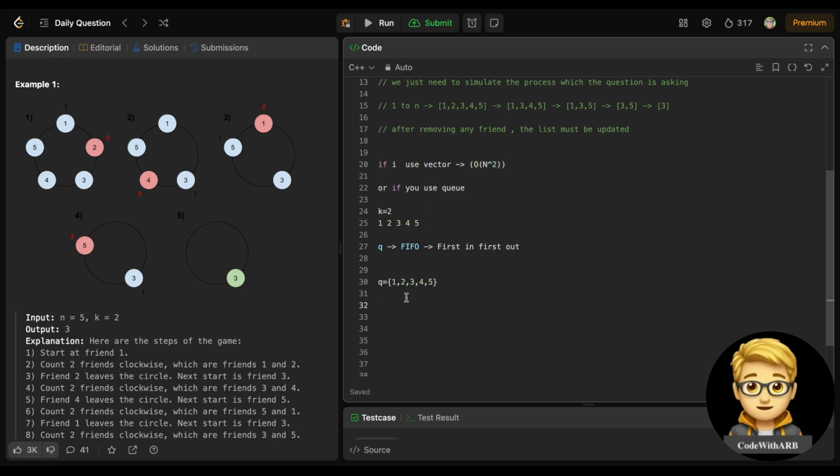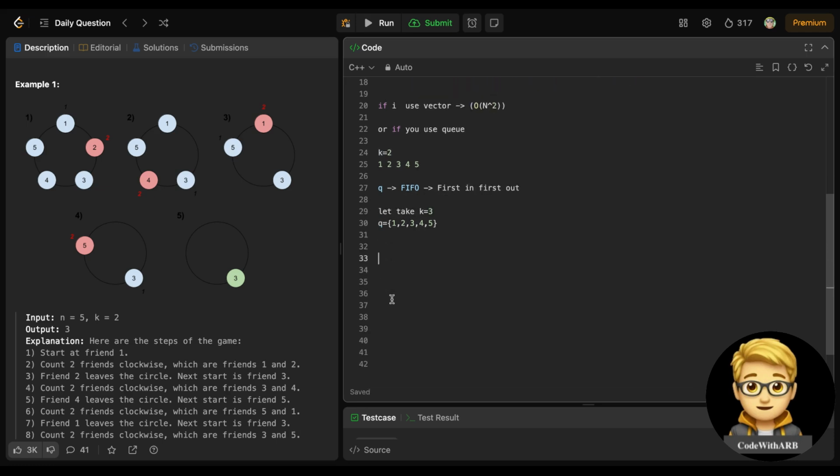So see, here k was given as 3, right? So let's take k as 3, not 2. Leave this example. Let's take k is equal to 3. Now k equals 3 means till 2 elements, because when we include this one, 1 2 3, this 3 will be removed, right?